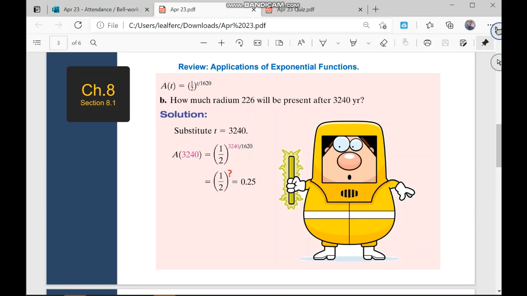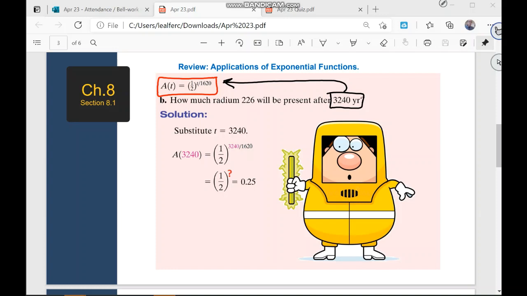And this is how we do it. We have the function. It's going to be an exponential function, and we will have the time. We just need to plug in the value of the time into the function. Remember, we worked on this example yesterday. Actually, yesterday we worked example A. Now I'm showing here example B.